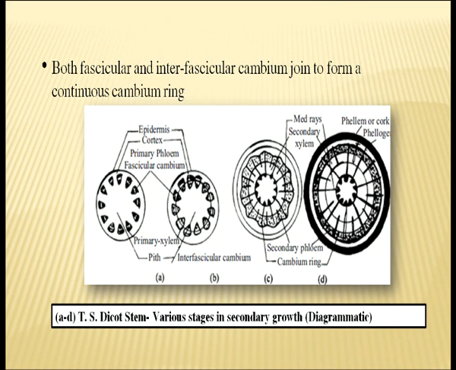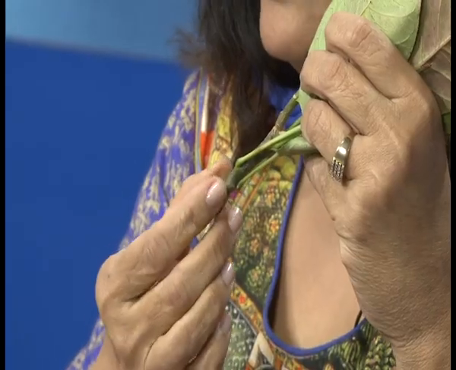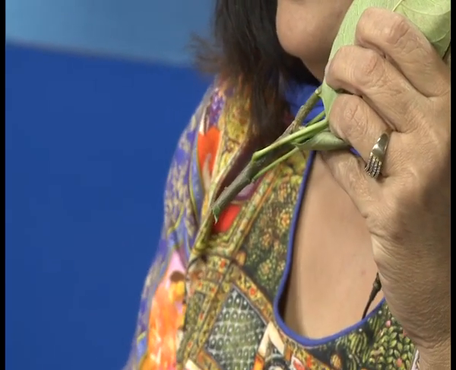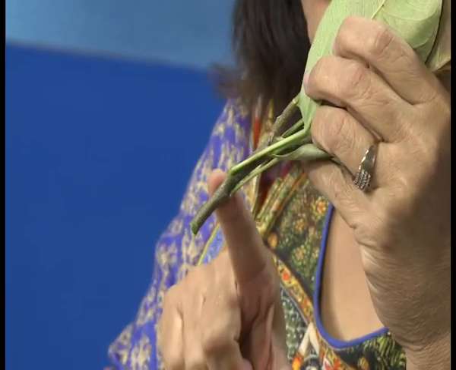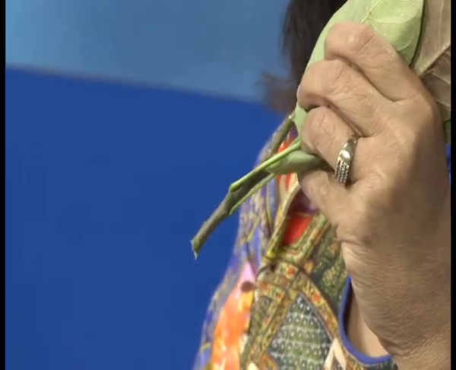And outside near the cork or the bark, as you see in this case, I would like to show you this plant. The outer surface which you are seeing, this is the phloem, and cork. The outer layer also has meristematic activity and it adds on cork tissue.